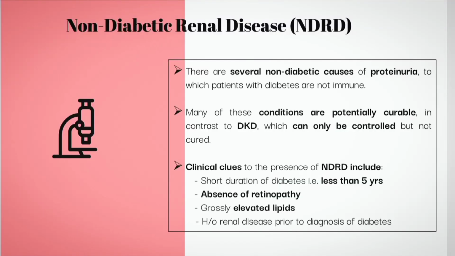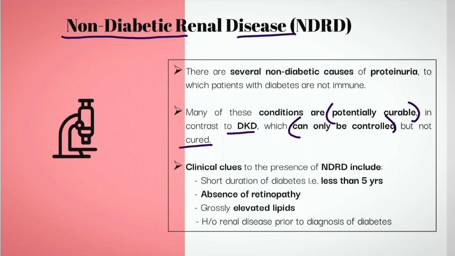There is a condition known as non-diabetic renal disease. These conditions are potentially curable as compared to diabetic kidney disease, which is usually not curable, however, it can only be controlled.